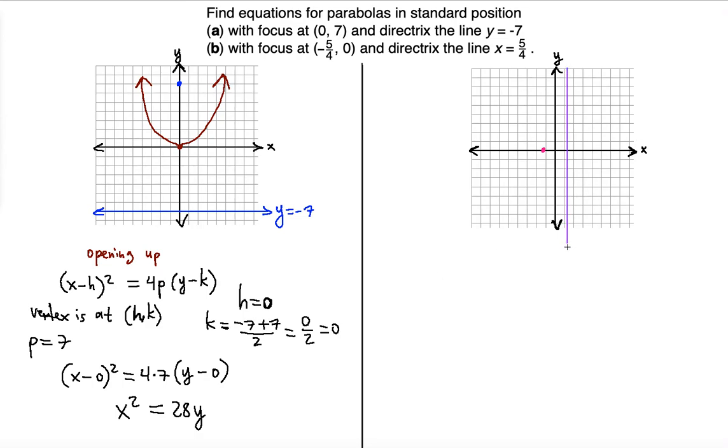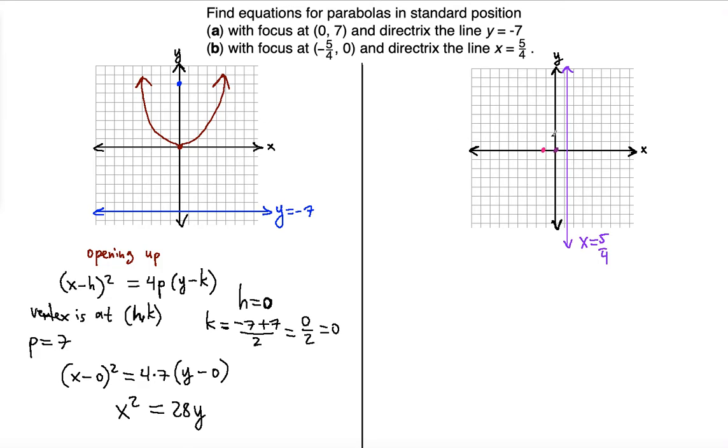Right, so that's going to be just a little bit greater than 1. All right, so that's going to be the directrix line, which is x equals 5/4. We know that right in the middle will be the vertex, and in the middle of that, as you can see, is going to be 0 again. Right, so we know the vertex is going to be the 0 here.